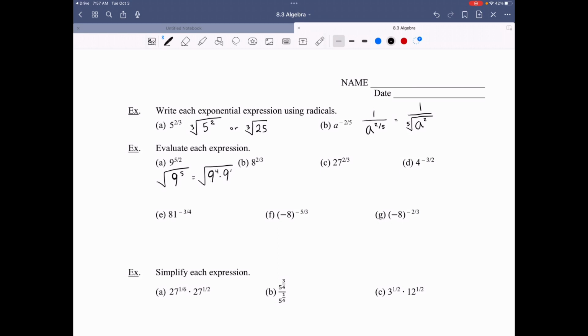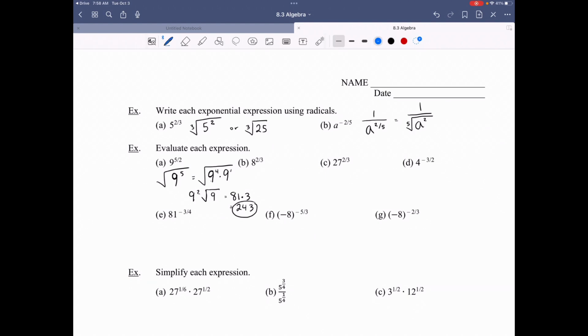The square root of 9 to the 4th is 9 squared, and then we're left with just 9 inside. There are many ways we could do this. 9 squared is 81. The square root of 9 is 3, so this equals 81 times 3, which equals 243.